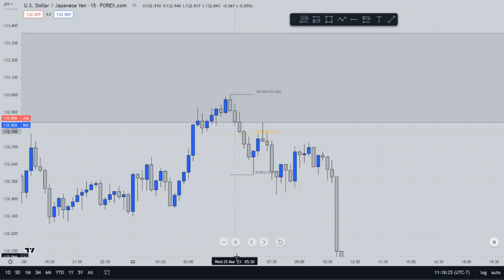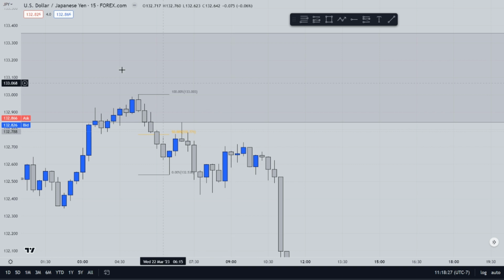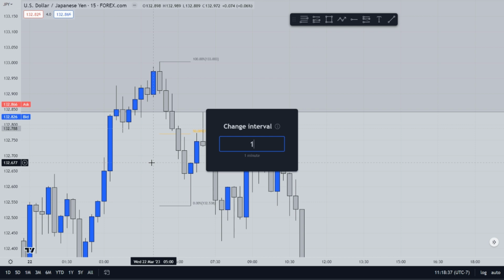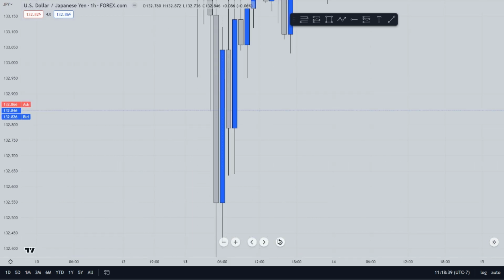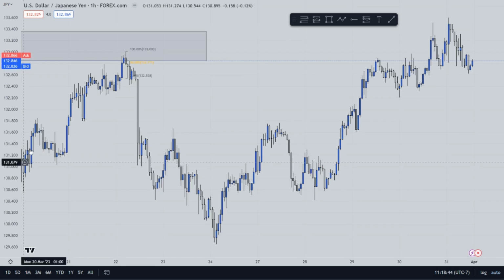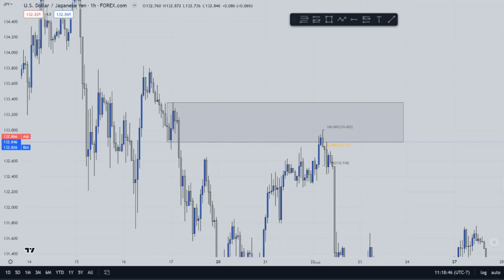Move this. All right, so I could use this 15-minute candle. I could use this whole up move that's above the 50%. But what I did was I went to the 1 hour time frame, and I used the last buy to sell candle on the 1 hour.